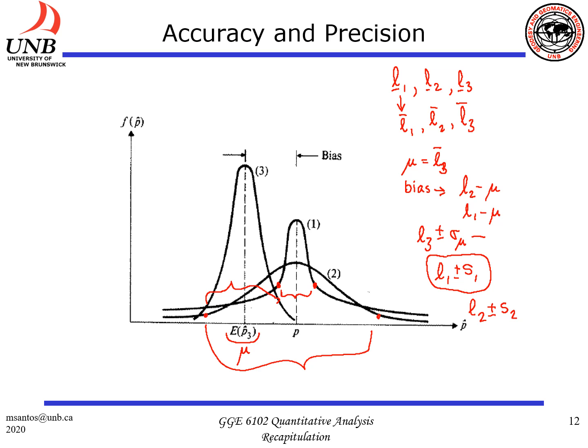Which means that we can say that observation L1 is more precise than observation L2, because S1 is less than S2.